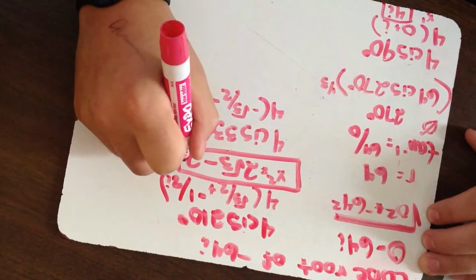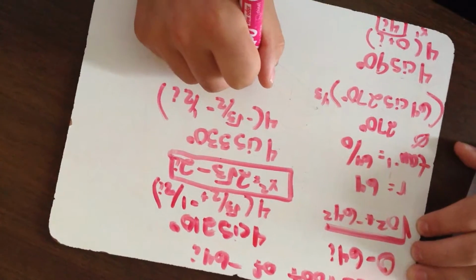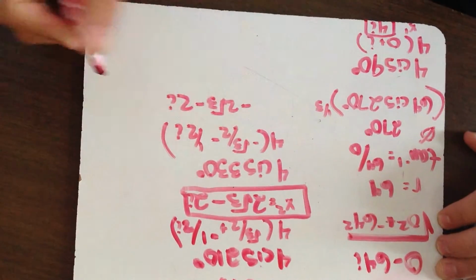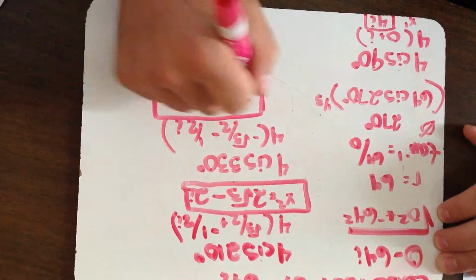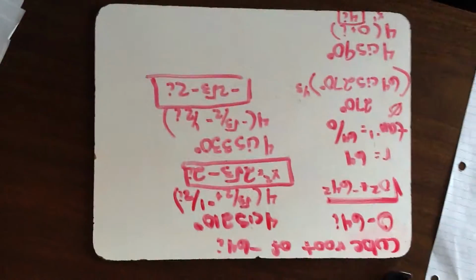Don't forget your i's. Now we're going to distribute. And that is how you find the cube roots of negative 64i.